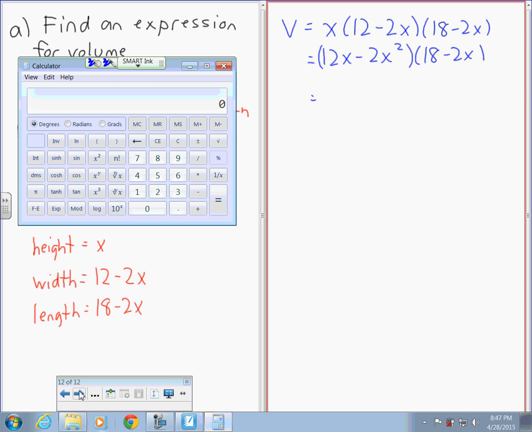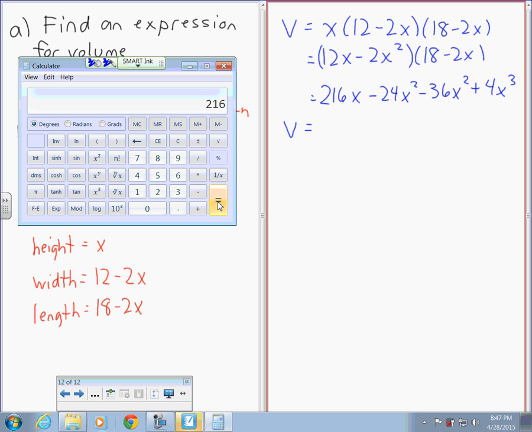All right, so we'll do 12 times 18, which happens to be 216x, minus 24x squared, minus 36x squared, plus 4x cubed.